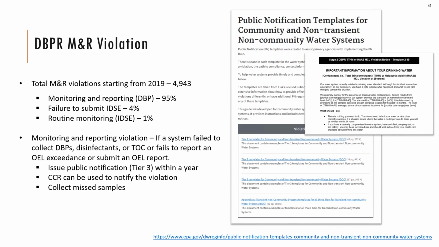It'll give you a bunch of templates for Tier 1, 2, and 3 for non-transient non-community water systems and community water systems. It'll just be a list of these templates, which aren't just specific to DBPR. There could be RTCR templates as well as templates for other regulations where you can find information on exactly what wording has to be there, the language requirements, so systems can develop their own public notification.